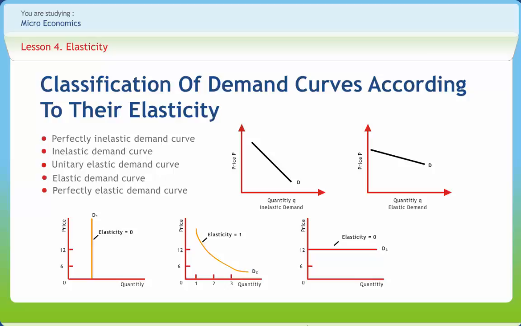Price decreases proportionally with price. When ED value is greater than 0 and less than 1, the term for elasticity of demand is relatively inelastic. Increase less than proportionally, decrease less than proportionally.